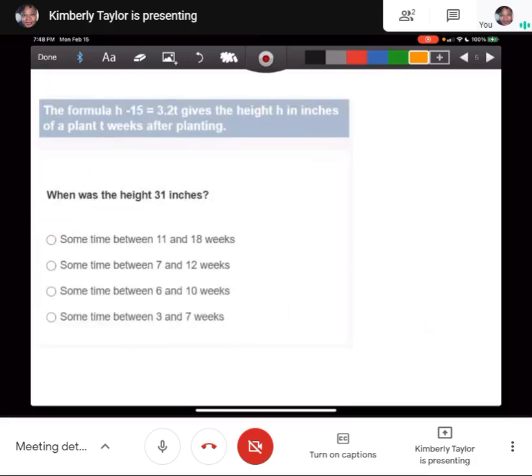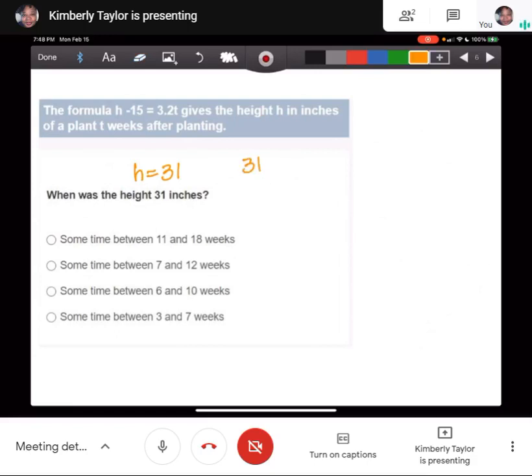Okay, next one. We're using the same formula. The formula h minus 15 equals 3.2t gives the height in inches of the plant t weeks after planting. So it says, when was the height 31 inches? So now they're telling you that the value of h is 31. This is just a matter of plugging this information into the equation.